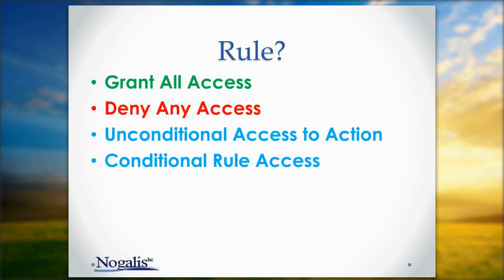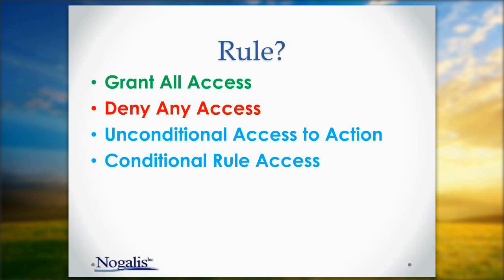On a screen, you normally have add, change, delete, or inquire. For example, I could give unconditional access for you to inquire on a screen, but not add or change or delete that record, meaning you always have access to inquire.